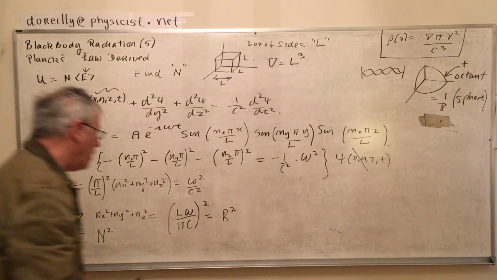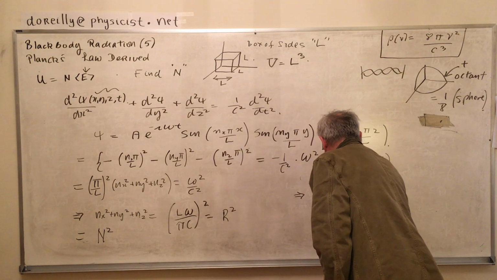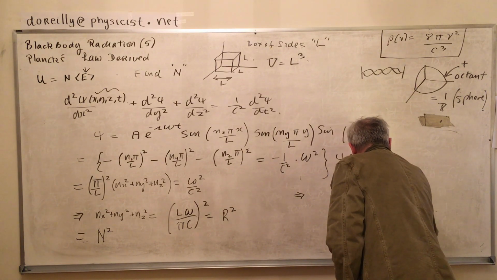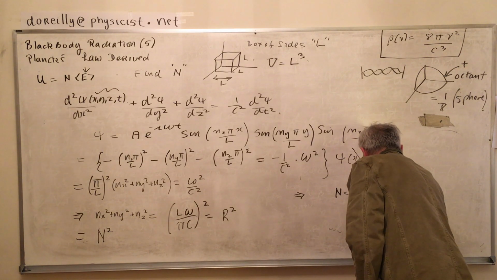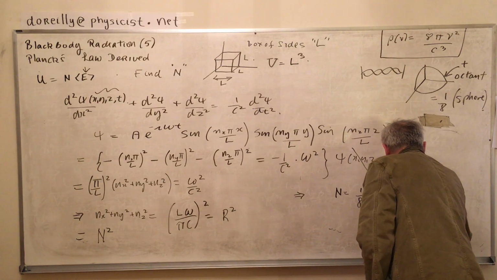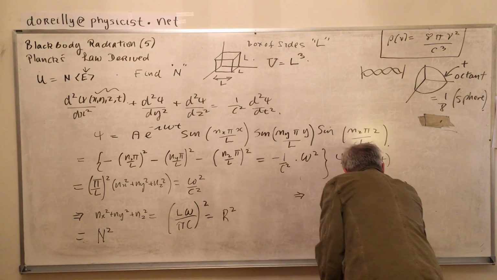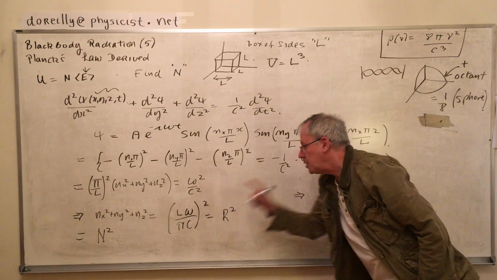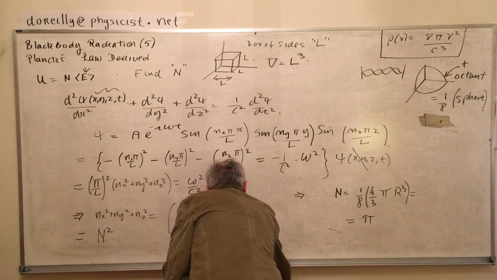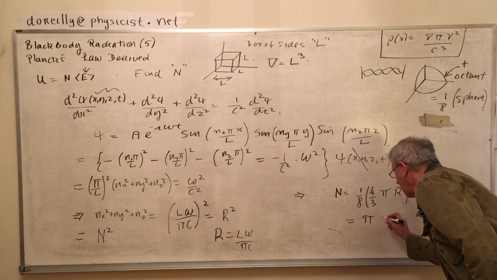So the volume of this sphere then. Now, 4 over 8 gives me 1/2, 1/2 times 1/3 is 1/6. And r cubed is this object cubed. So r is L omega over pi c.